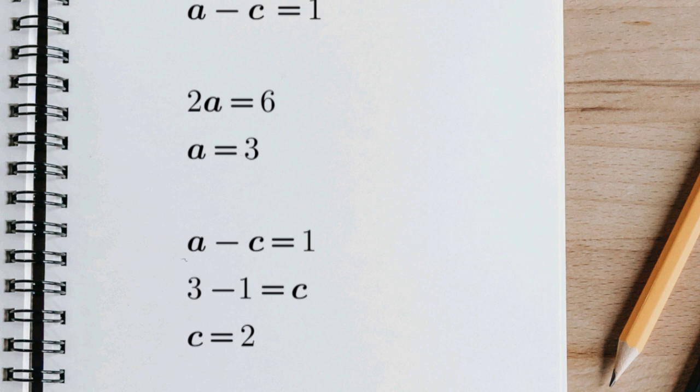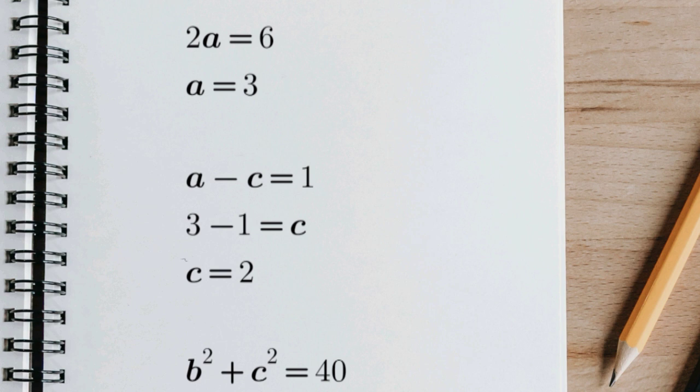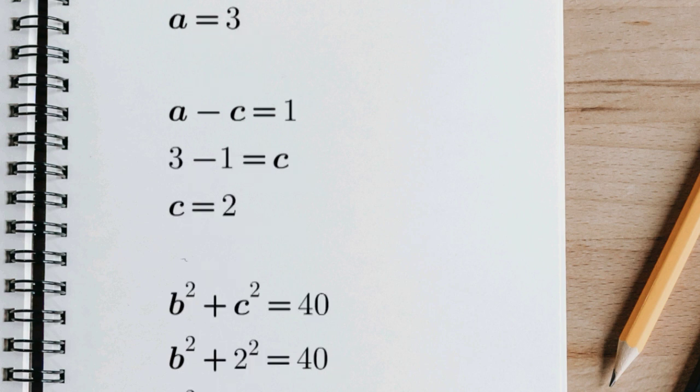Now it is time to find b. So remember equation 2. The question said b squared plus c squared is equal to 40. When we substitute the value of c, which is 2, we have b squared plus 2 squared, which is going to give us 4, is equal to 40.